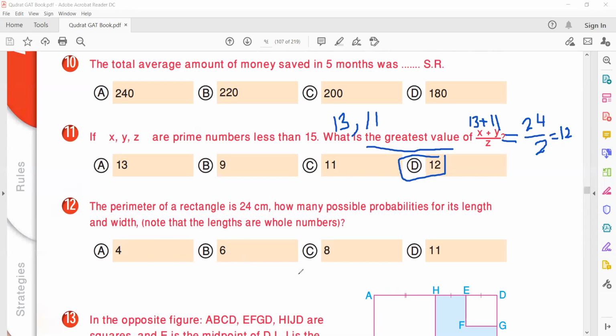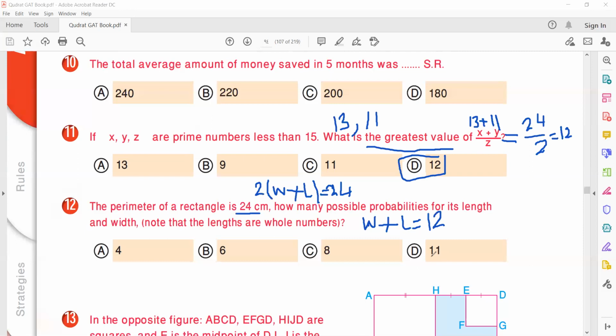So if I want width and length, it is half of the perimeter, because the perimeter is 2 width plus length equals 24. So I want only width plus length, divided by 2. It is 12, right?